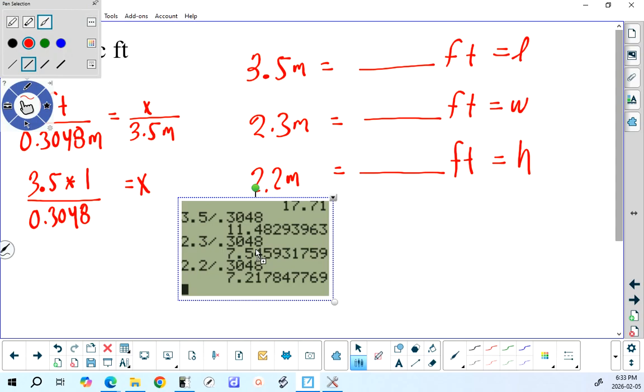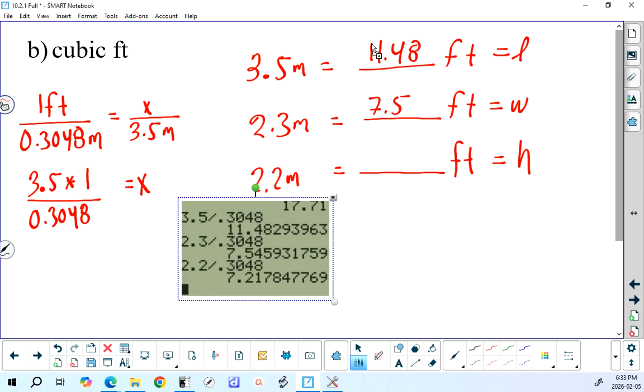So about 11.48 feet by 7.55 feet by 7.22 feet.